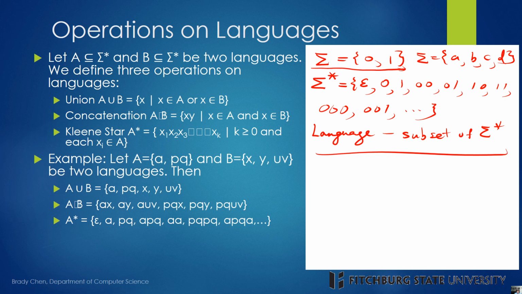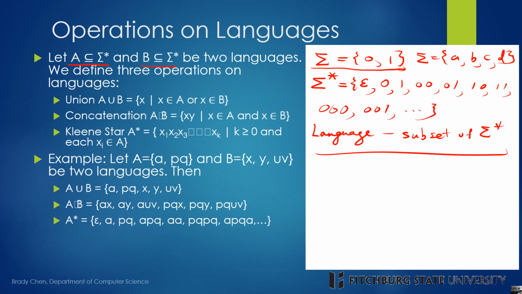So we know what a language is, right? It's a subset of sigma star. Now let A, a subset of sigma star, and B, another subset of sigma star, be two languages. We're going to define 3 operations on these languages, A and B.